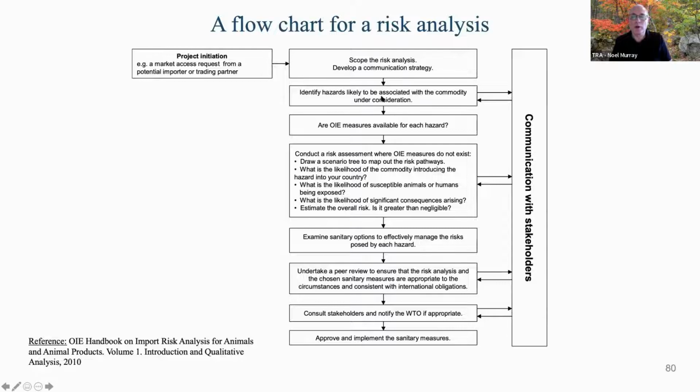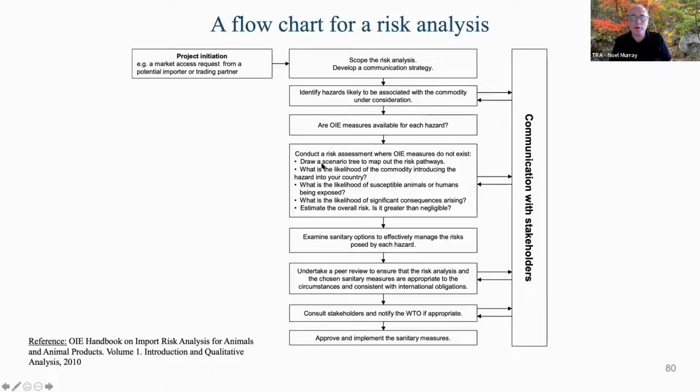Then we work through our process where we identify hazards associated with the commodity, asking ourselves whether there are any measures within the code to mitigate risks for those hazards, and if so, we can apply those. Then we conduct the risk assessment itself, where OIE measures don't exist, perhaps.